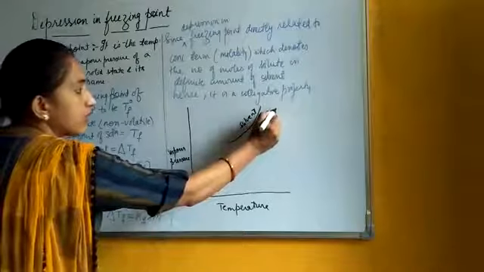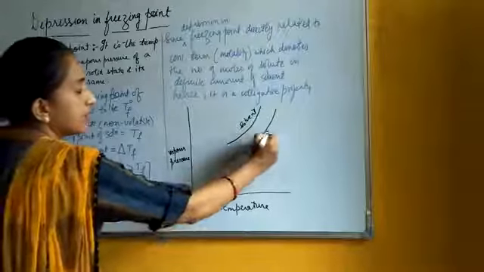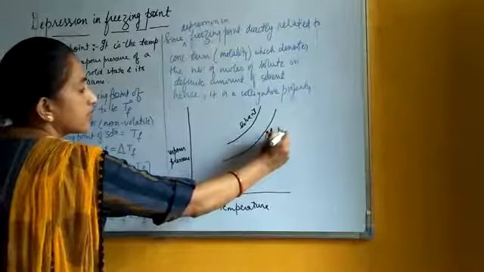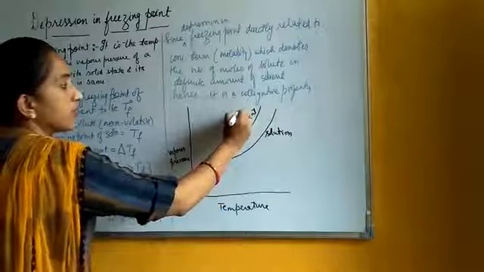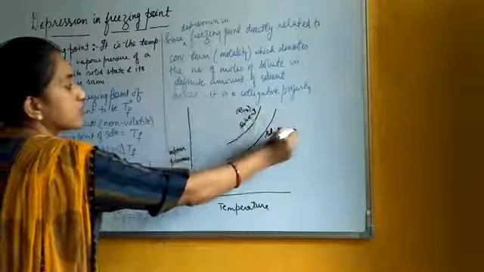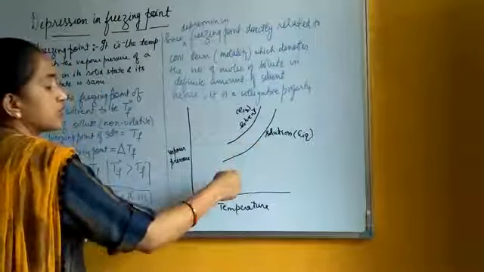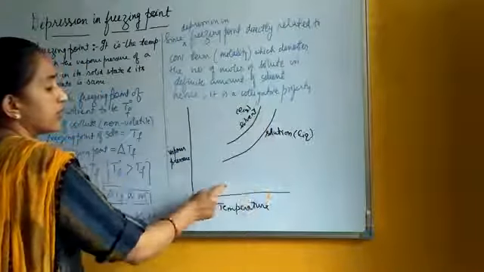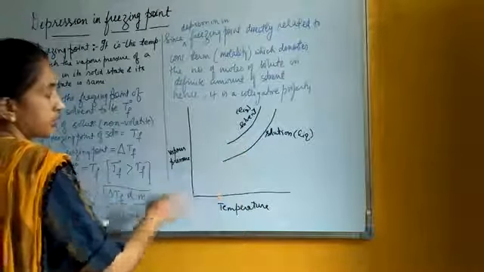Similarly, when we have added a solute, we get this curve. This is for the solution. These both are in the liquid phase. Here also, when the temperature is lowered, there is a decrease in the vapor pressure of the solution.